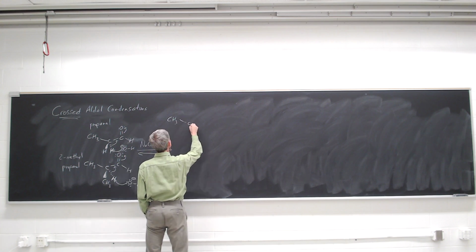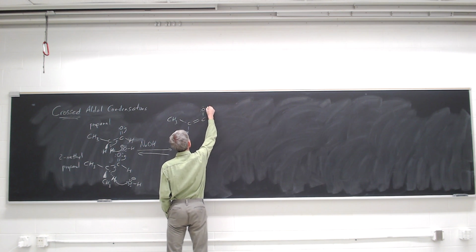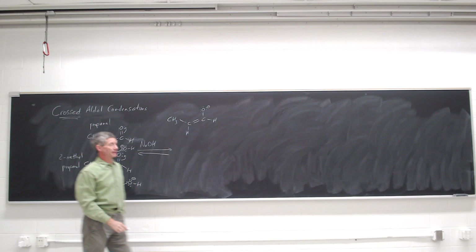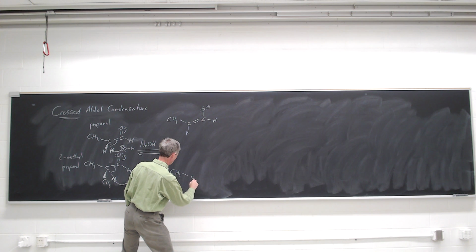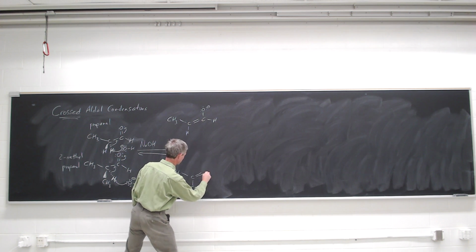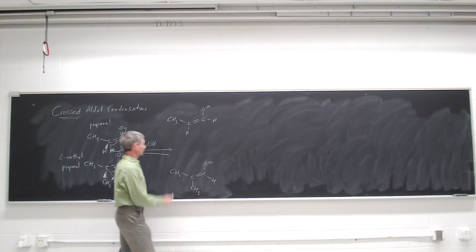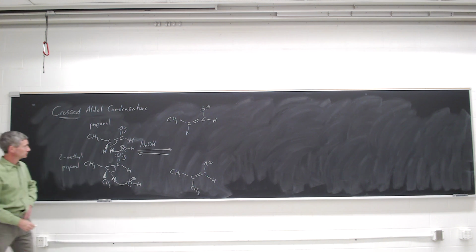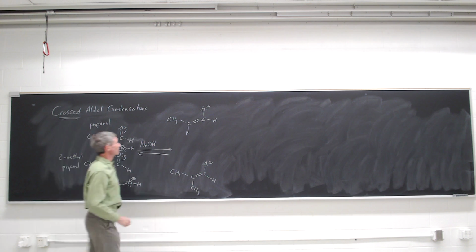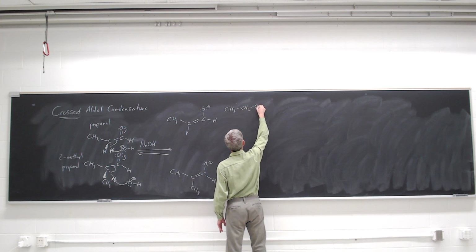So we will have in solution the enolate that came from our propanal and the enolate from 2-methylpropanal, but we also still have the two different carbonyl compounds present.